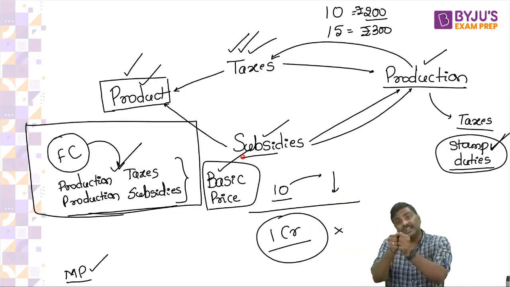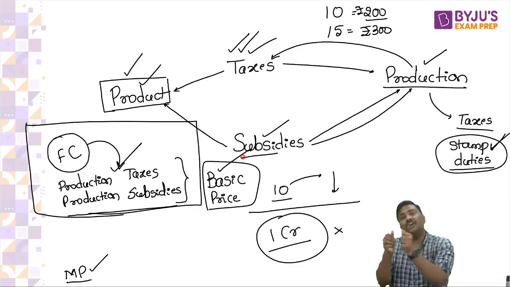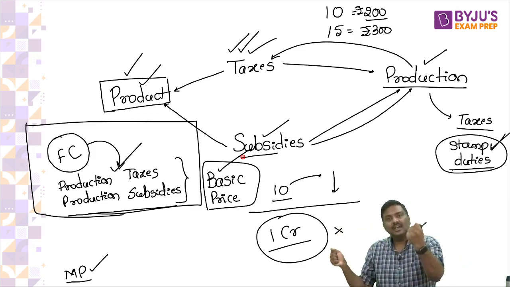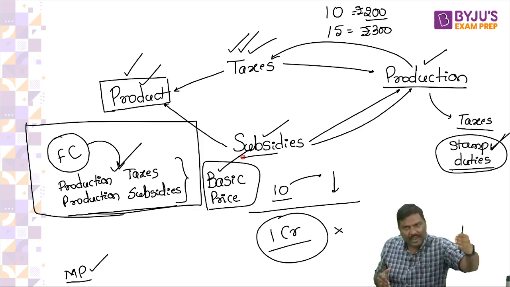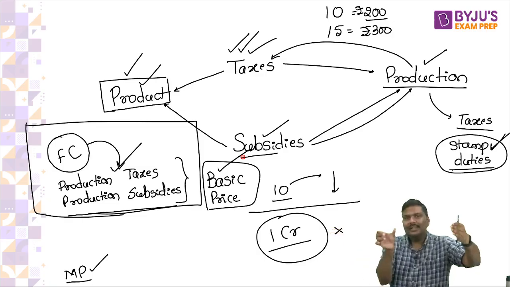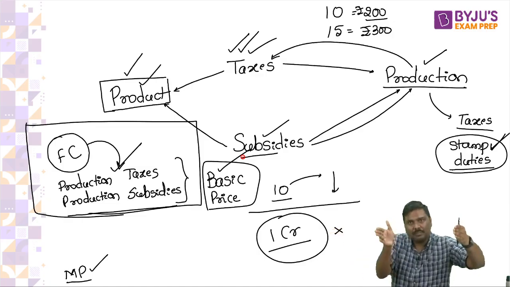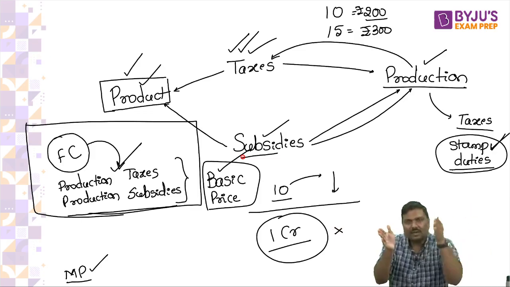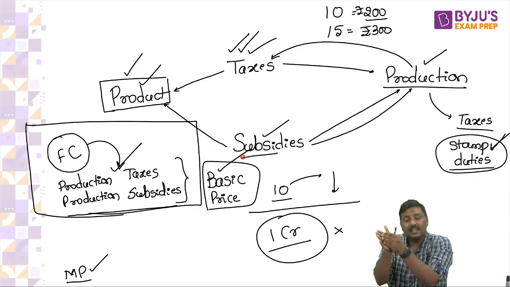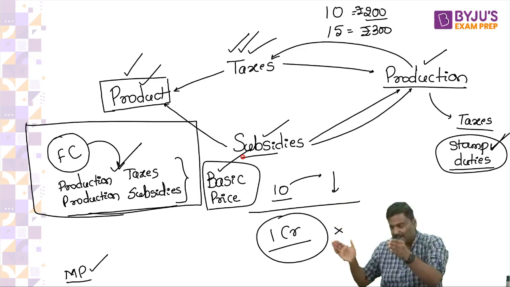We have further divided the taxes, further divided the subsidies. So rather than directly moving from the factor cost to market price, there is a middle point now, a pit stop. You will first move from the factor cost to the basic prices. Now from the basic prices, you will move to the market prices.